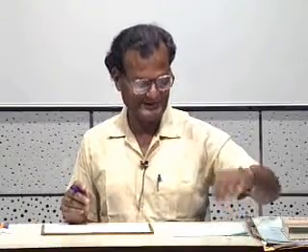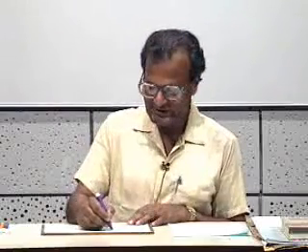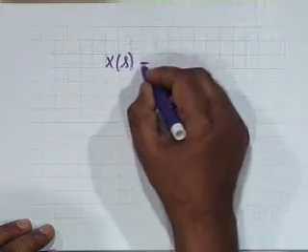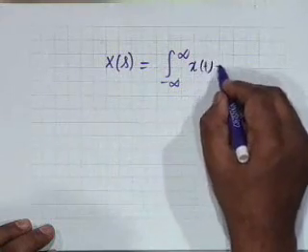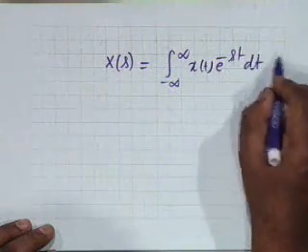u of t is indeed a right-sided signal, alright, and u prime t is a delta t, but you cannot evaluate the transform in this manner. Why? We shall show later. Suppose we differentiate in the s domain, that is x of s, minus infinity to plus infinity, x of t e to the minus st dt.